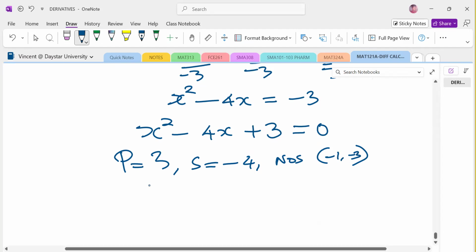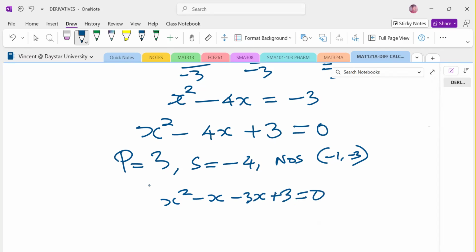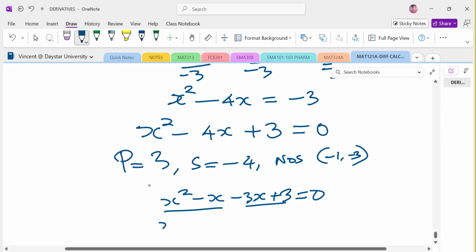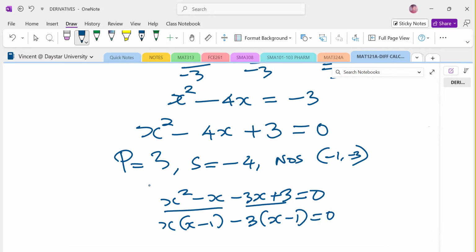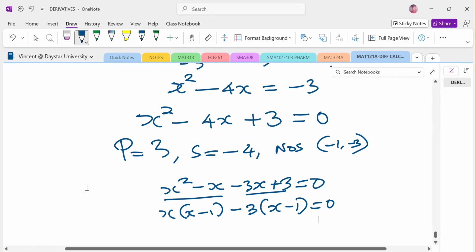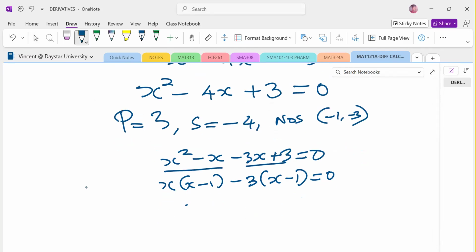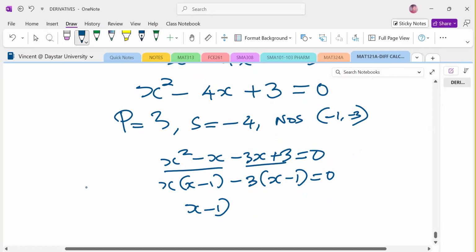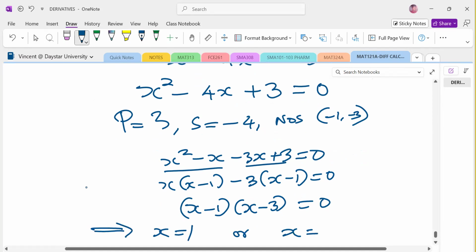So therefore we'll have x squared minus x minus 3x plus 3 equals 0. So common here is x into x minus 1, then minus 3 into x minus 1 equals 0. So we have x minus 1, x minus 3 equals 0. So x equals 1 or x equals 3.